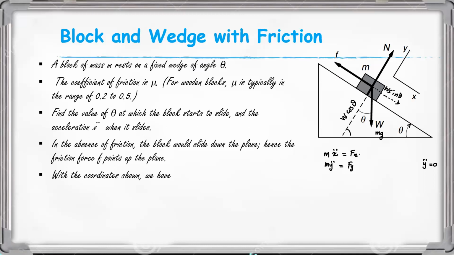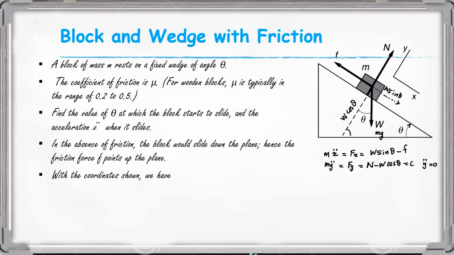Okay, so Fx is equal to, I write here, Fx is equal to W sin theta minus F, and Fy is equal to, here N is in the direction of y, so N minus W cos theta, that is equal to what?